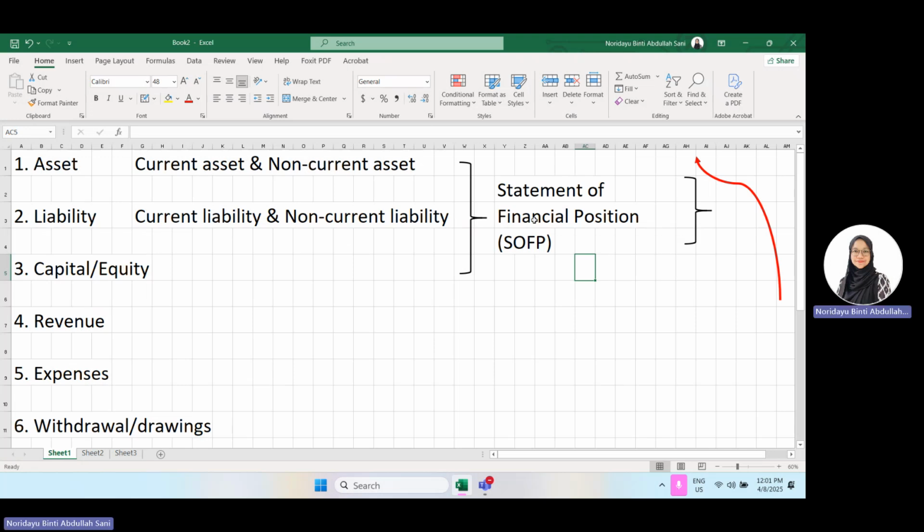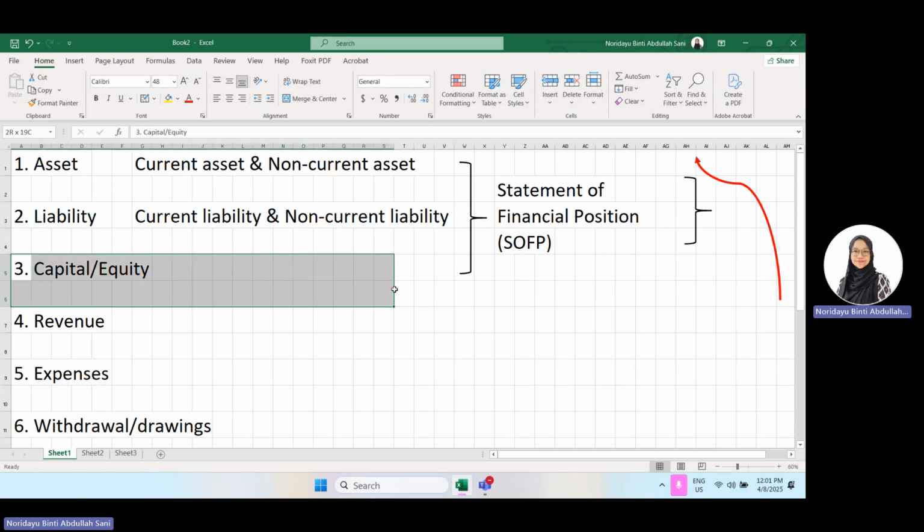Okay, so we need all these three items or these three accounts to be reported inside our SOFP. Okay, that's on asset, liability, and capital.